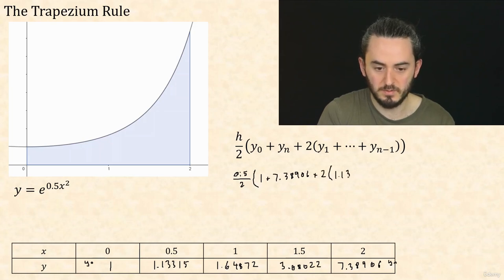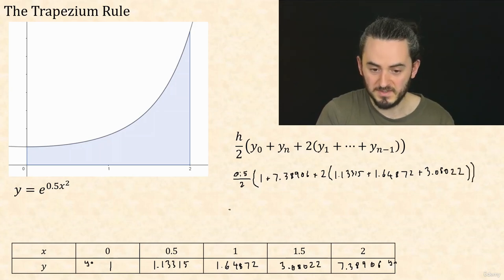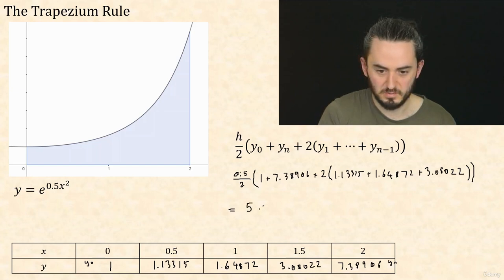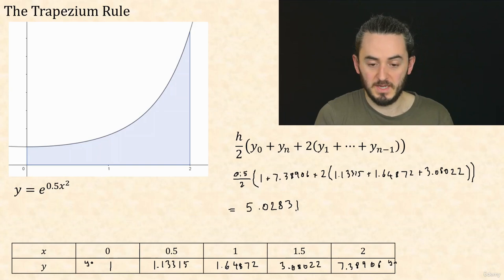So 1.13315 plus 1.64872 plus 3.08022. Key all of that into the calculator and you get 5.02831. And there's my approximate answer.